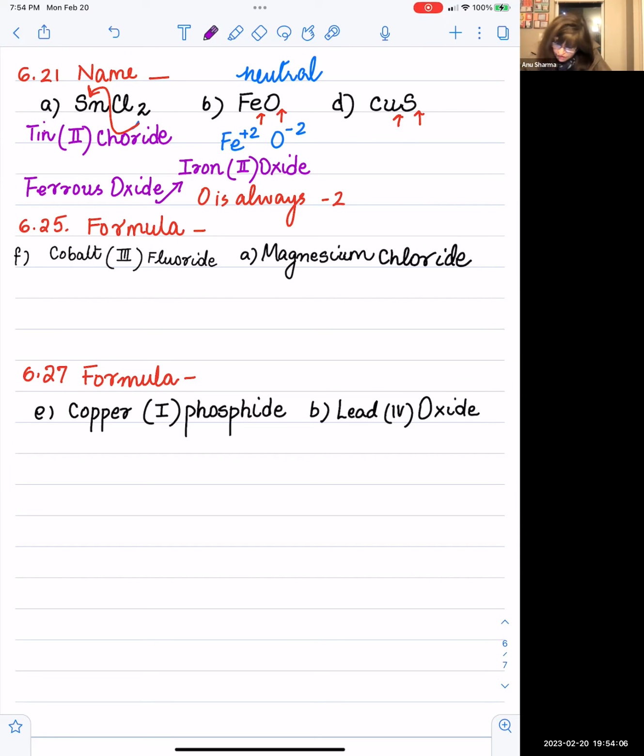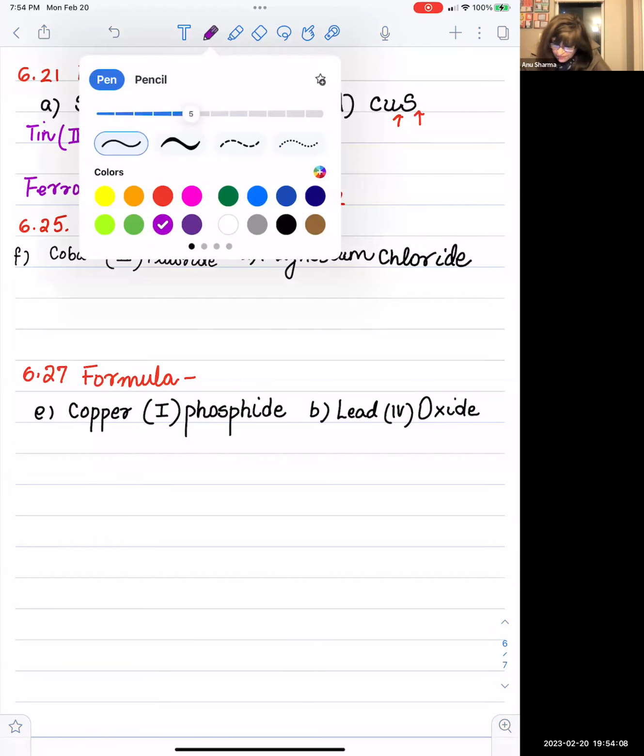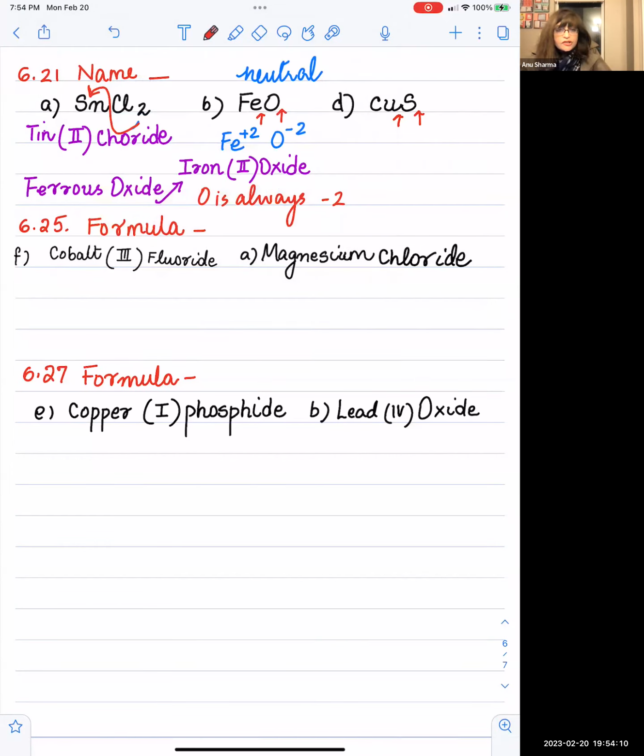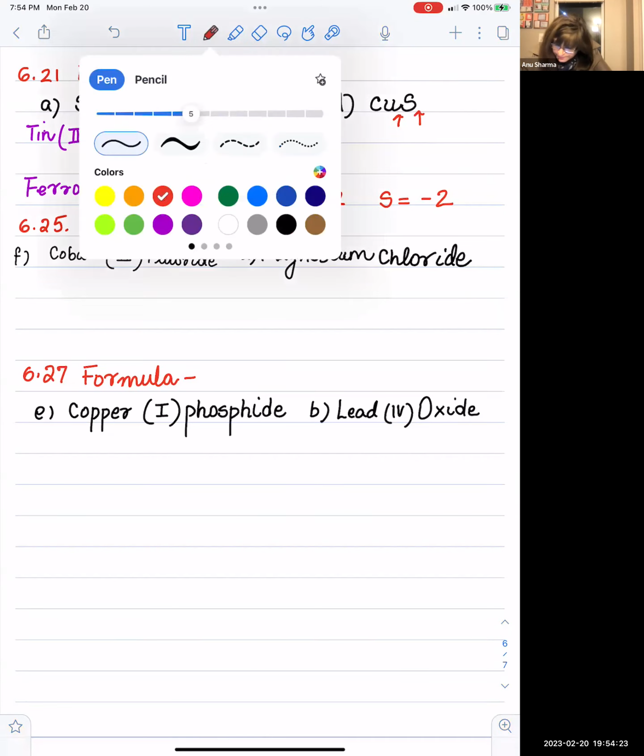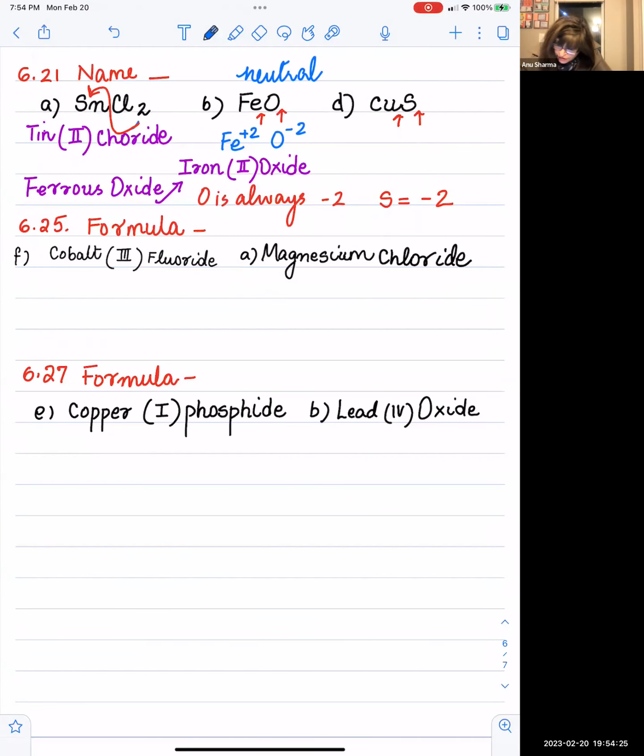Same is the case with sulfur. What is the oxidation number or oxidation state of sulfur, in other words, the charge on sulfur? So sulfur, the charge is -2. So when the charge is -2, here we will have to backtrack. Since this is also a neutral molecule, that means copper will have +2.